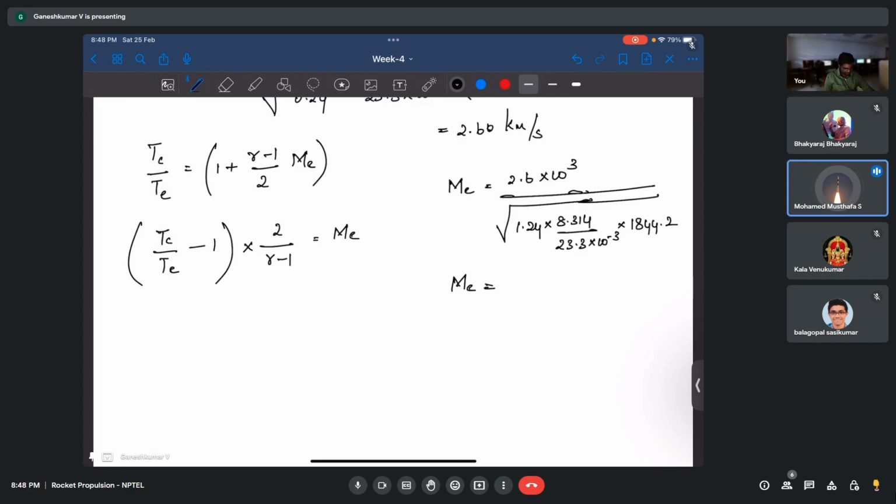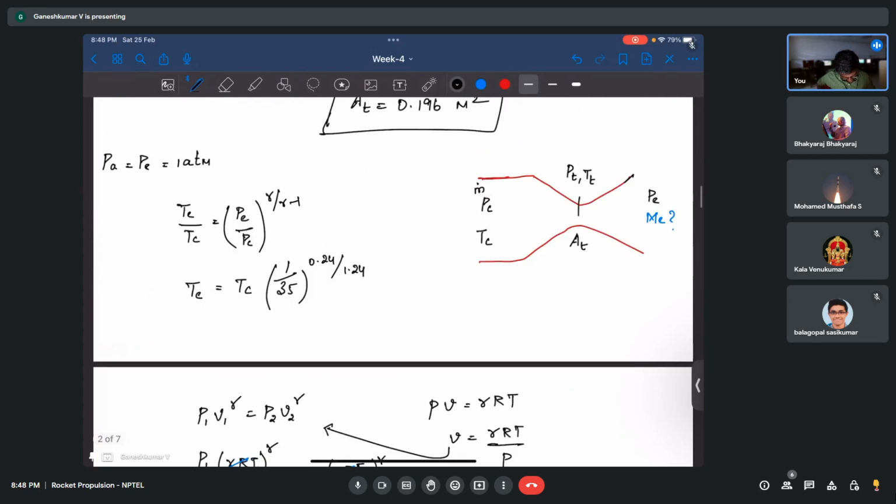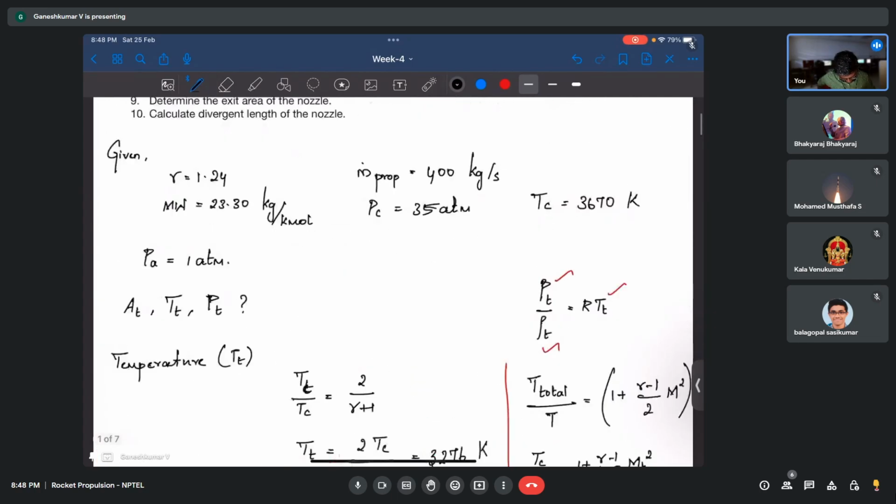Sir, 2.87. Okay, 2.878. We got the exit Mach number. In addition, we also found the jet velocity.